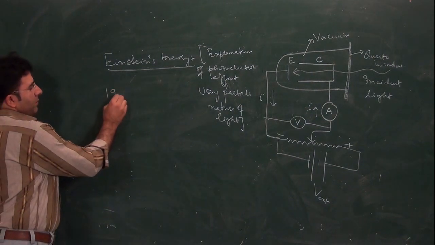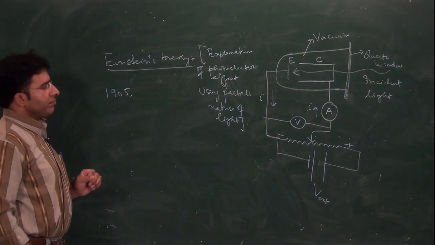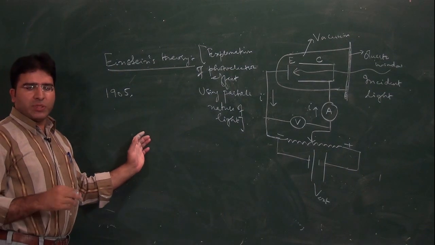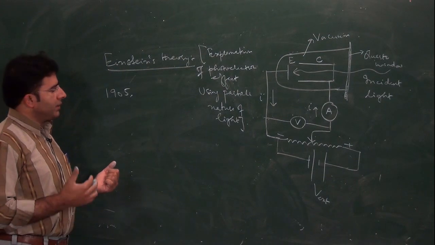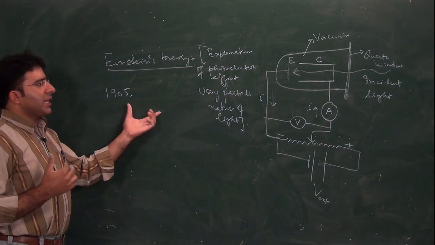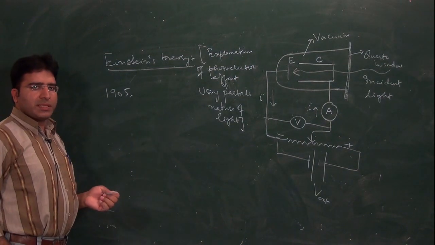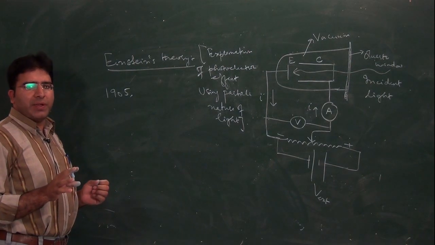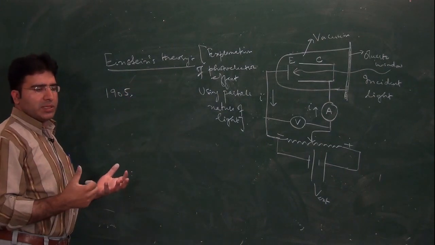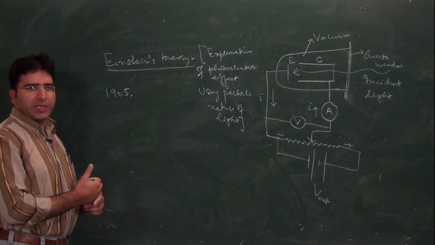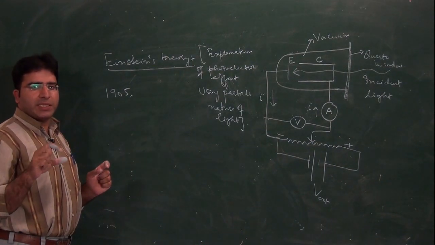Einstein in 1905 explained the photoelectric effect, but not by using wave theory, because we justified that wave theory cannot explain it. So he changed the idea. He said, under most circumstances, light behaves like a wave, but under certain circumstances like this, and there is one more, like the Compton effect, light behaves as a stream of particles.